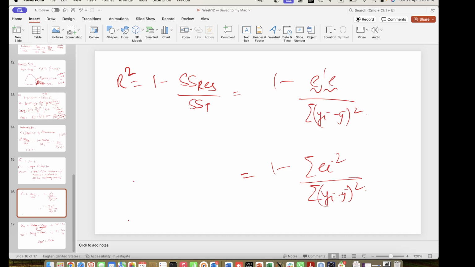R square increases as the number of explanatory variables increase.